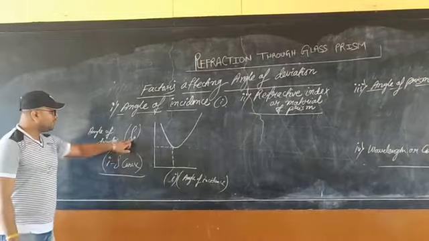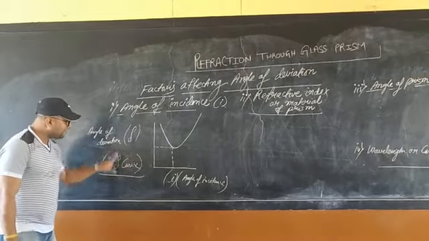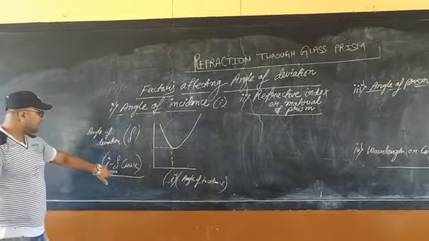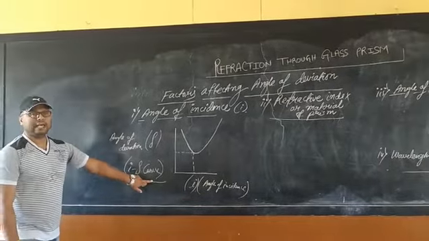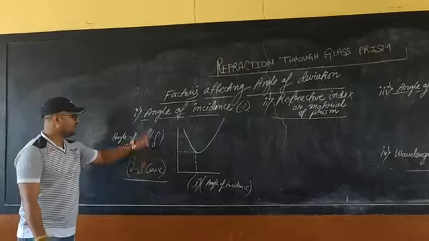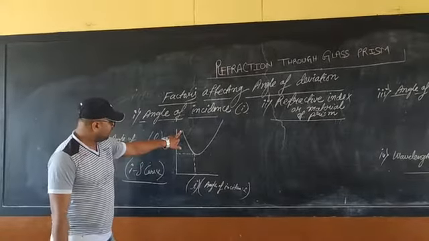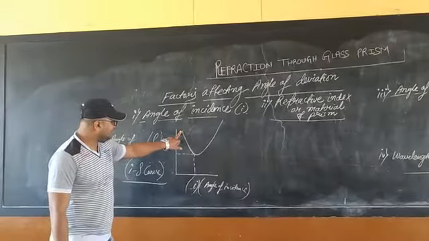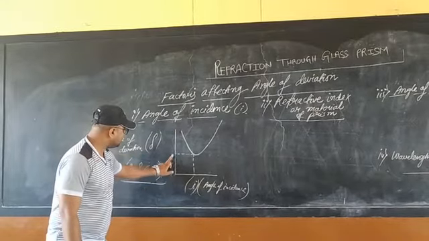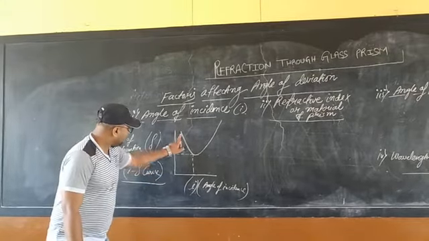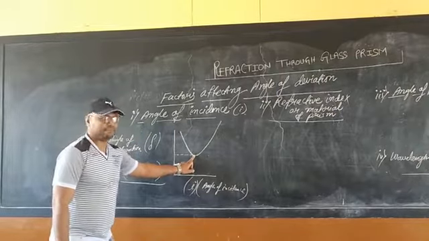And I am going to make you understand this particular factor with the help of this I-delta curve, the angle of incidence and angle of deviation curve. As you can see, with the increase of the angle of incidence, the value of angle of deviation is decreasing.